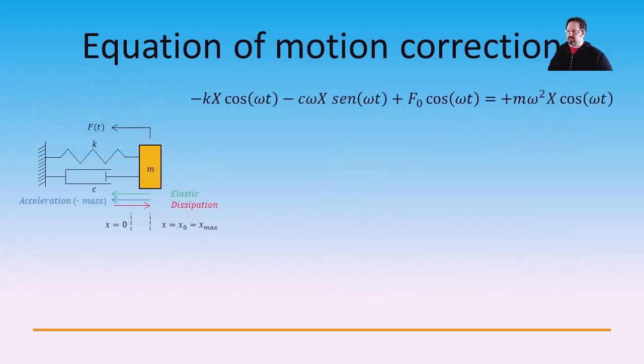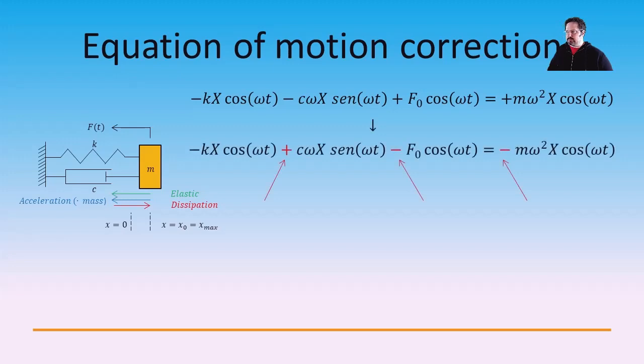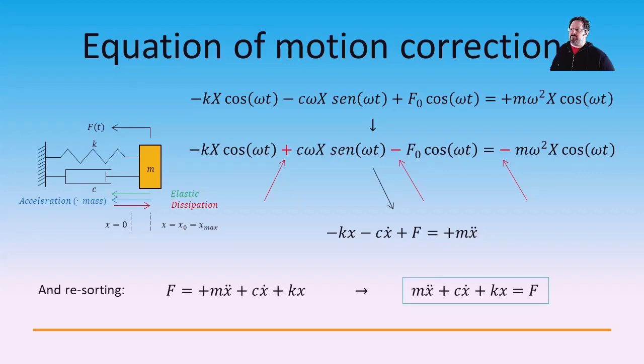So this is the equation once again. We change signs as I propose. And then, because of the complex or symbolic notations, we can write down the equation in these terms, and resorting, we obtain the usual formula.